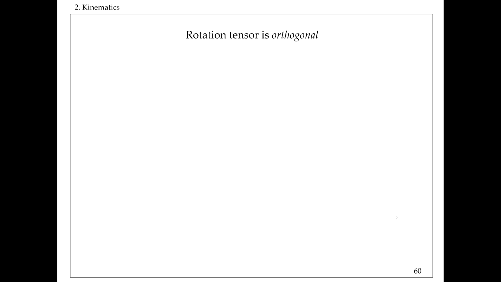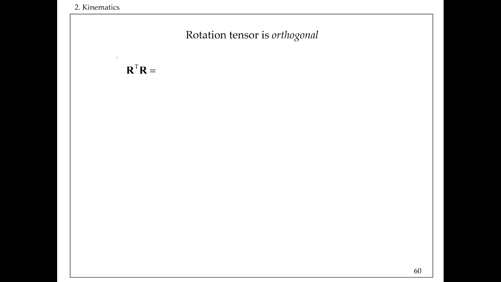This property is that of the so-called orthogonal tensors. To be orthogonal, the multiplication of the transposed tensor with R needs to produce the identity tensor. This is not usually the case for any tensor. In general, that will not be the case.